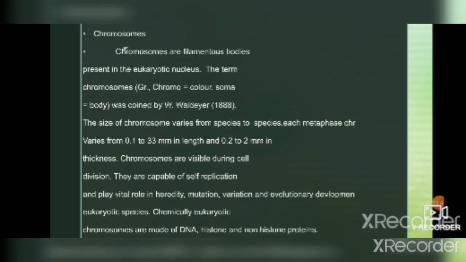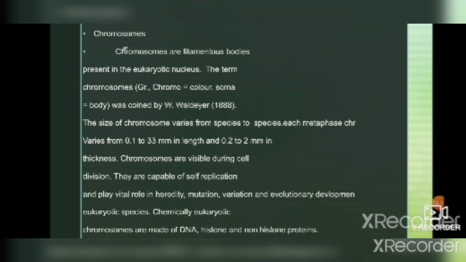Chromosomes. Chromosomes are filamentous bodies present in the eukaryotic nucleus. The term chromosome was coined by W. Waldeyer in 1888. The size of chromosomes varies from species to species.